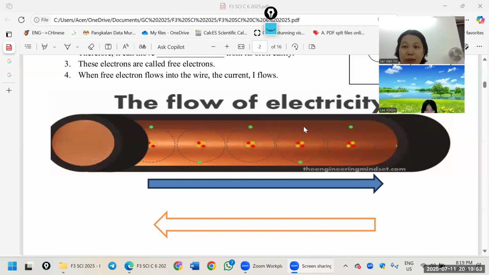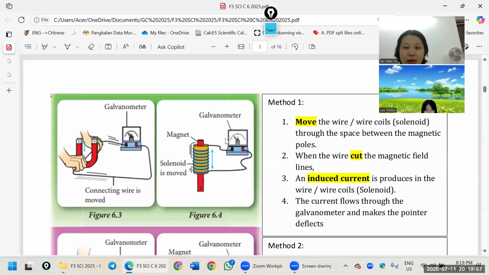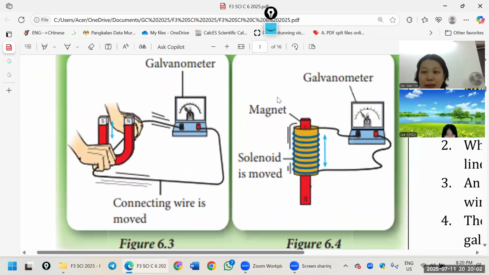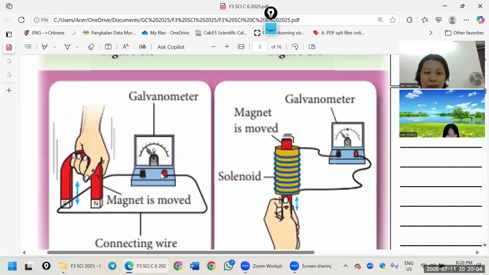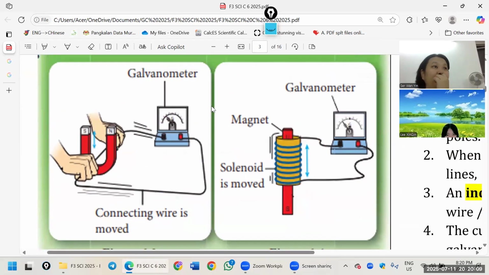Okay, like before we start, how is the current induced? Movement of what? Yeah, very good.